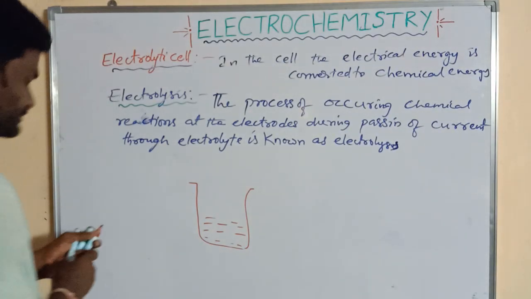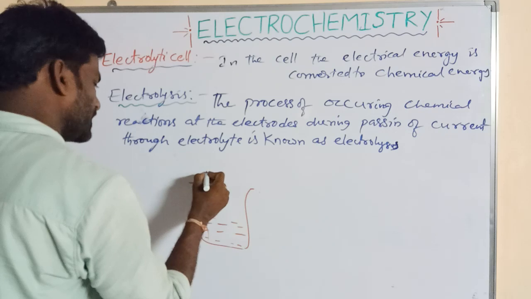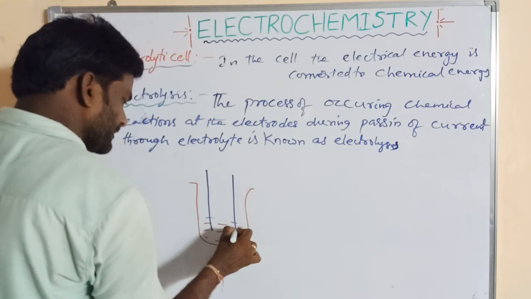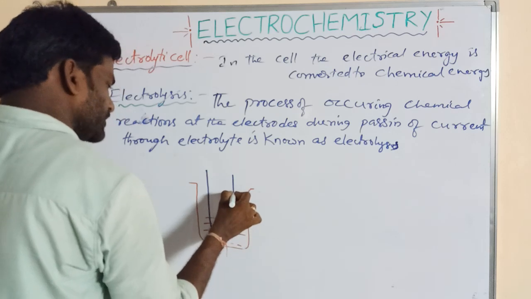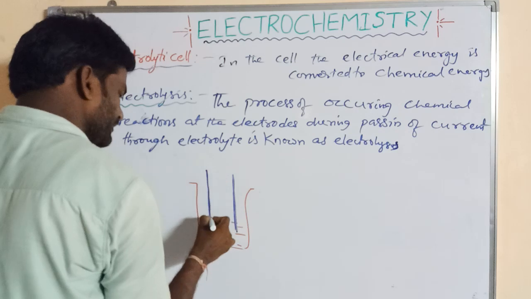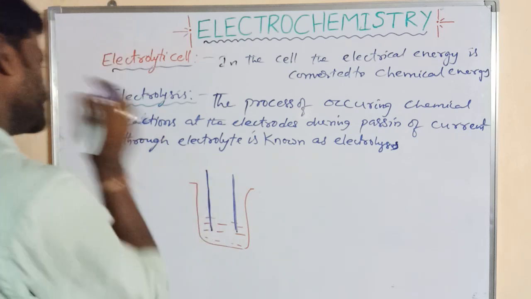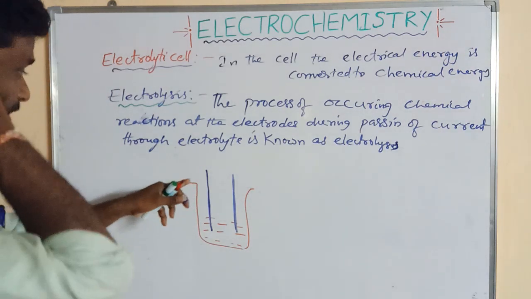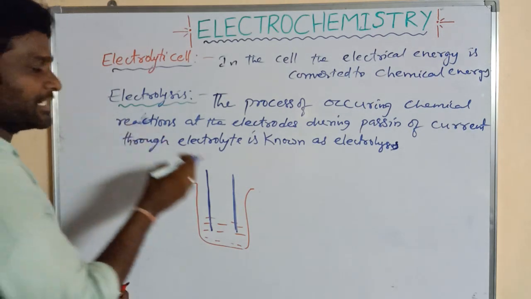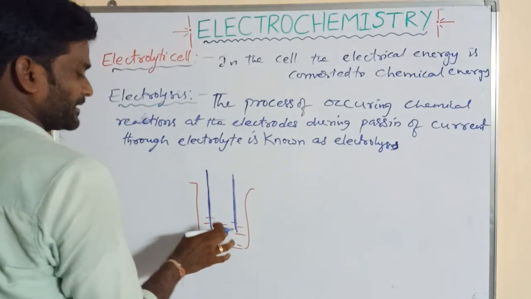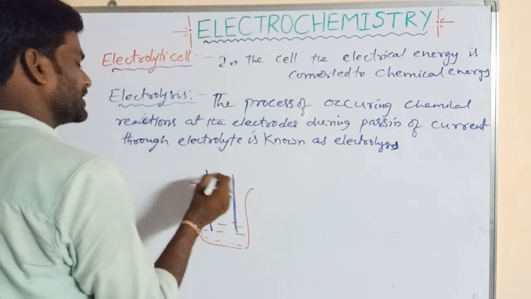Here two electrodes are dipped in the electrolyte. The two electrodes are the same, and generally inert electrodes are used. Inert electrodes are those that cannot react with the electrolyte.